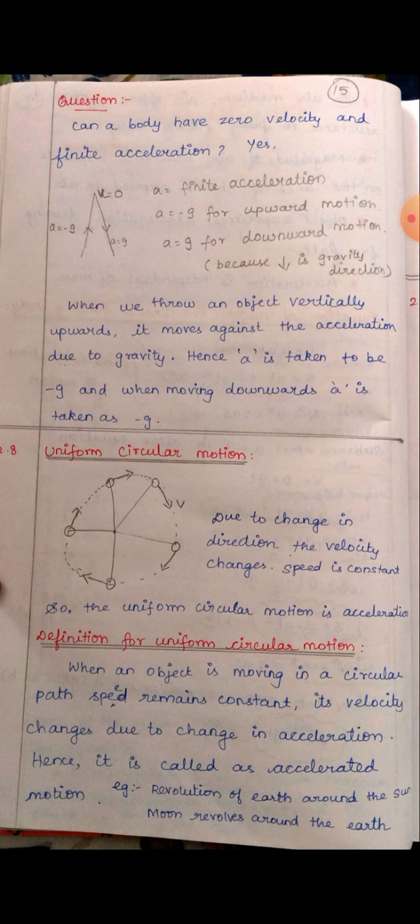When an object is moving in a circular path, speed remains constant. Its velocity changes due to change in direction. If the velocity changes, then the acceleration also changes. Hence, it is called accelerated motion. For example, the revolution of the earth around the sun and the moon revolving around the earth. These are the things that go in a circular motion.